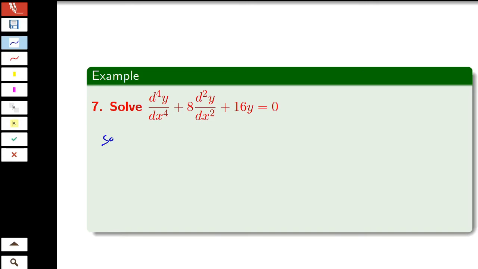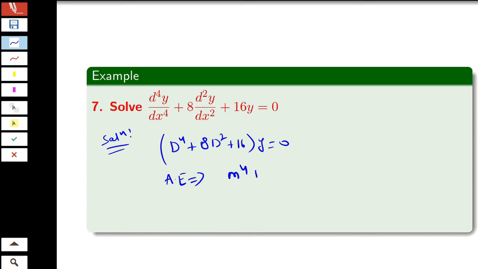Solution: D power 4 plus 8 D square plus 16, y equal to 0. The auxiliary equation implies m power 4 plus 8 m square plus 16 equal to 0. So it is of the form m square plus 4, whole square, equal to 0.